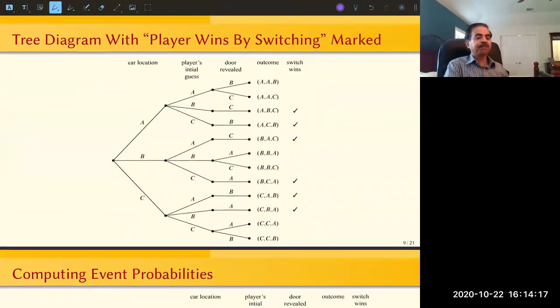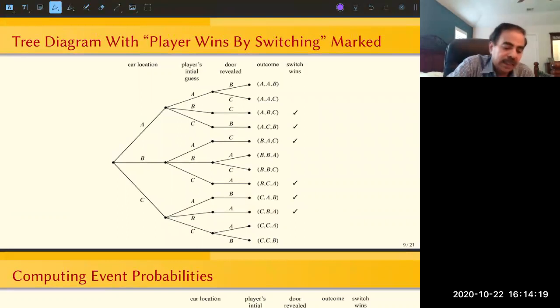And we can take this tree and mark the cases where the player wins by switching. Let's take one of the paths and convince ourselves of this.